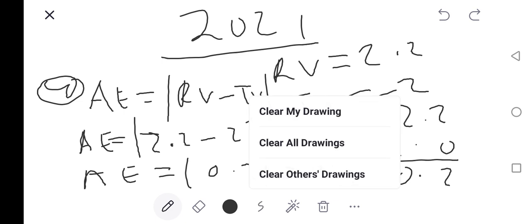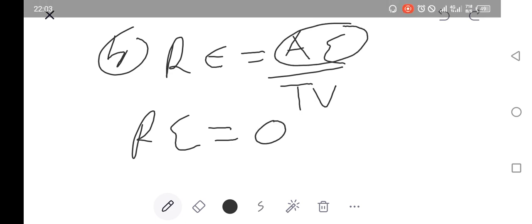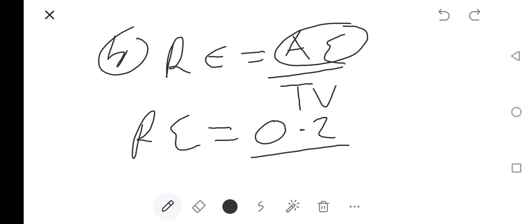Then the second question says, find the relative error. So the relative error is simply absolute error over true value. If it's percentage error, we could have said times 100%, but it's not that way. Our absolute error here is 0.2, true value is 2.